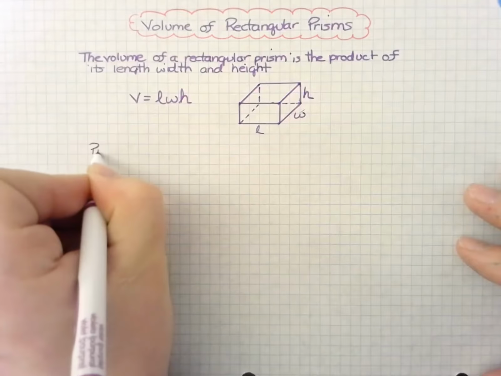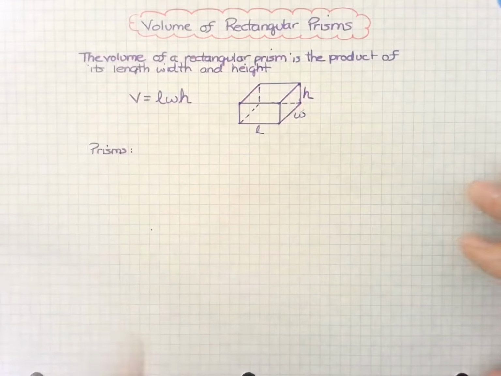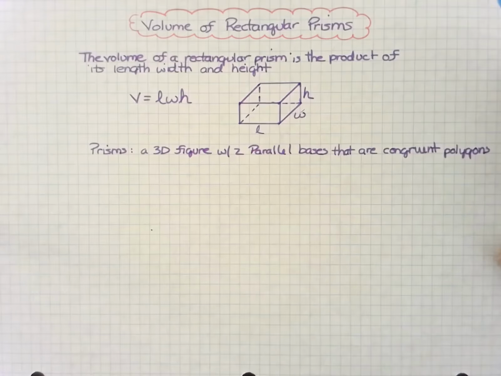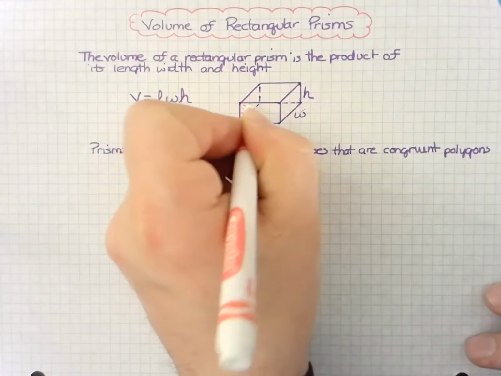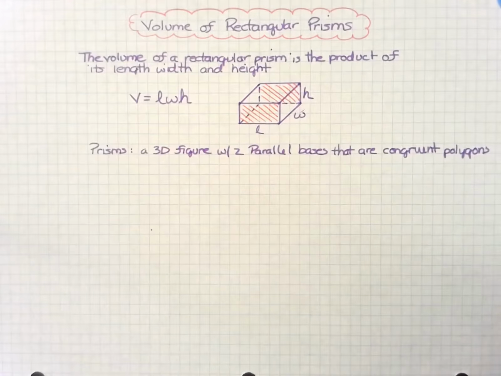Prisms are 3D figures with two parallel bases that are congruent polygons. So we can see that here in this image, the front and the back are examples.